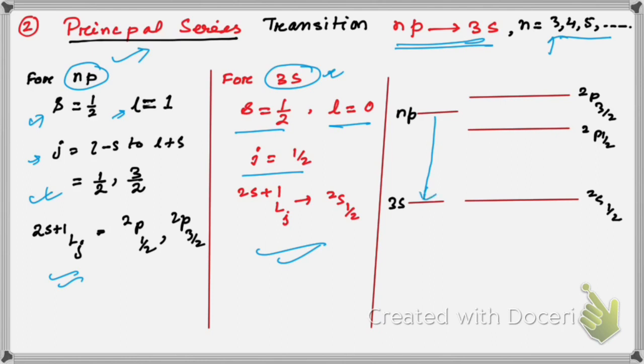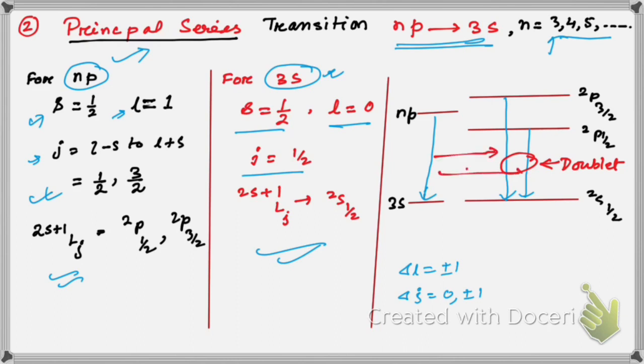That means if you obey this selection rule, Δl is going to be plus or minus 1, and Δj is going to be 0 and plus or minus 1. So here you're going to get two fine spectral lines, right? And we call it a doublet. Again we are getting a doublet here. So this is the main spectral line. It is split into these two, right? So hope you have understood this.